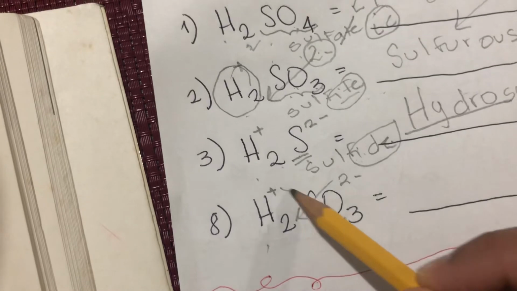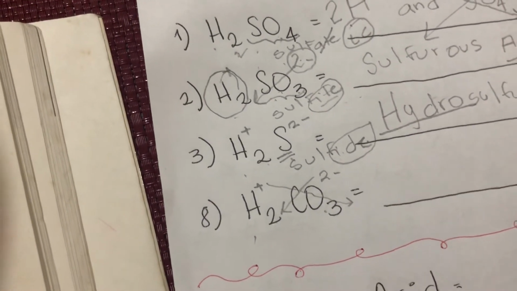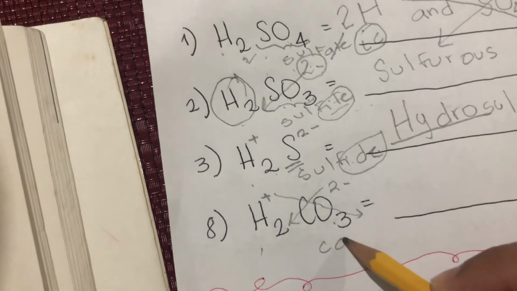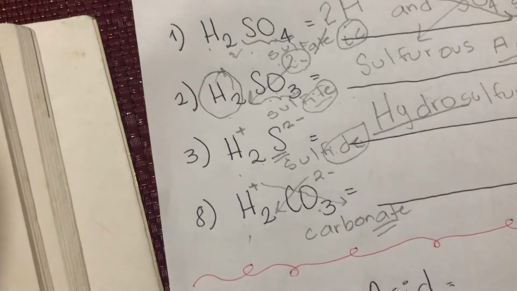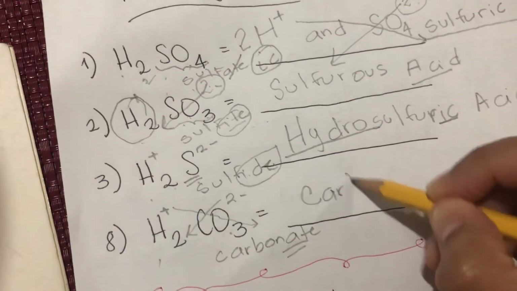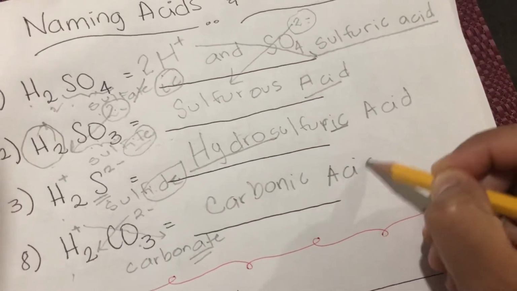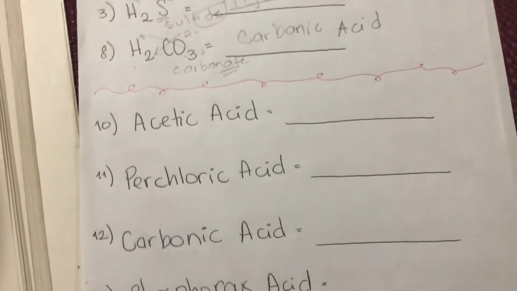So I bring them down and they are balanced. Remember that the charges need to be neutral. So if this was carbonate, that means it has an ending of ATE, and I need to replace it using ic. Carbonic acid. Piece of cake.